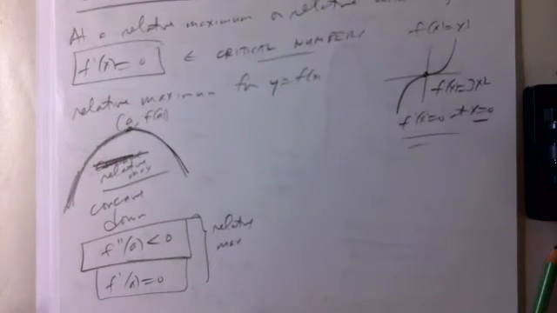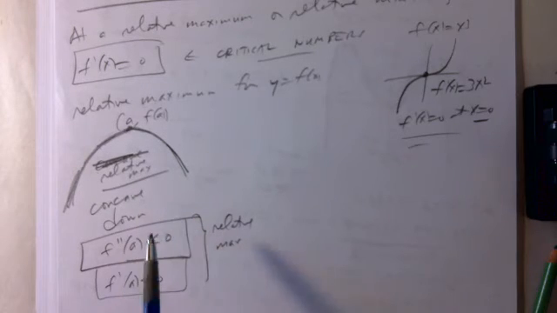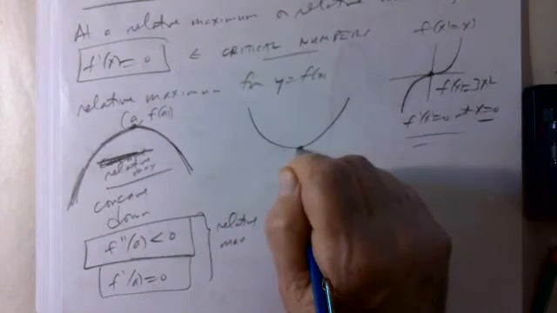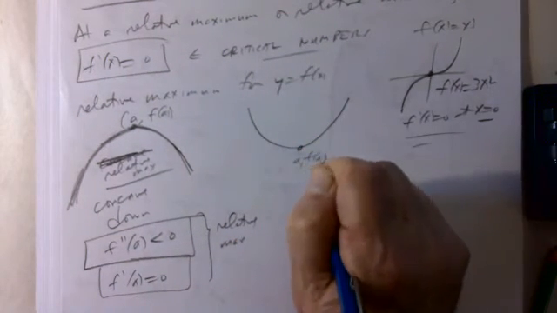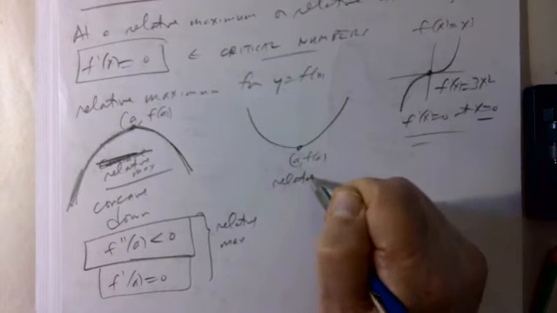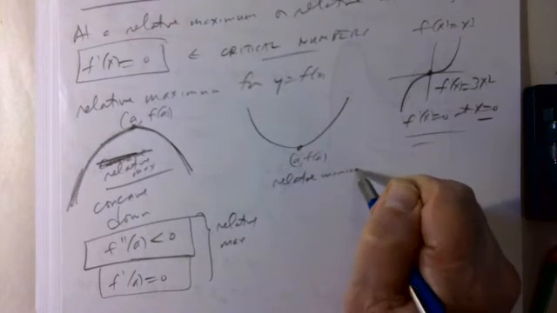So if you're looking for a relative min and max, first you find where the first derivative is 0, and then you calculate the second derivative at those critical numbers. If the second derivative is negative, you know for sure you have a relative maximum. But suppose the curve looks like this. This is the point a comma f of a, and this is a relative minimum.